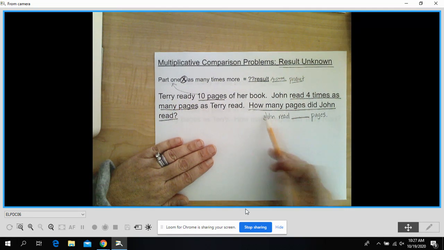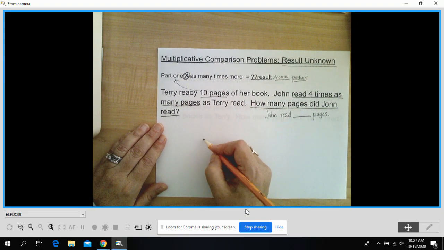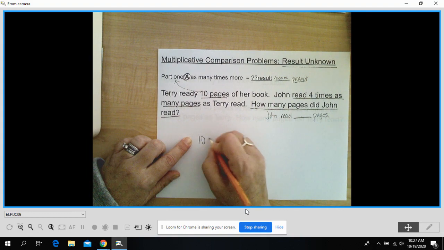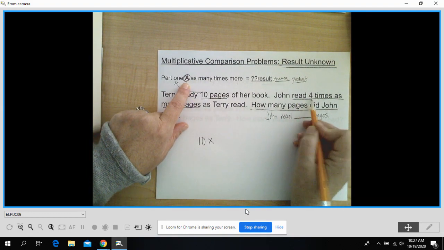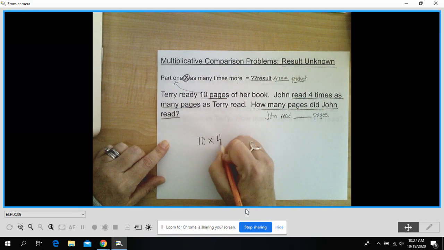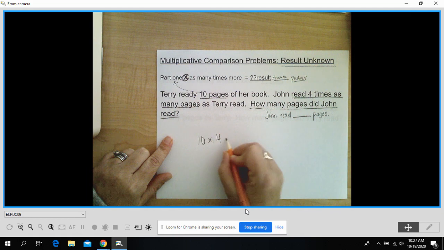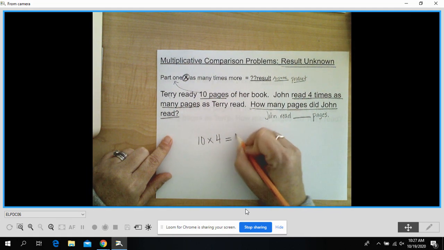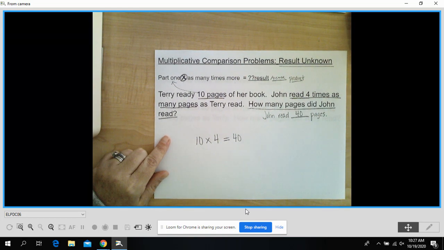And that lets us know how many pages John read. So let's come down here and write this problem. Terry read 10 pages times as many times more, multiplied by as many times more. Well, John was 4 times more than Terry. So how many pages did John read? 10 times 4 is 40.